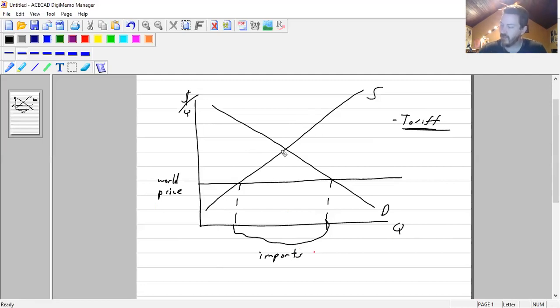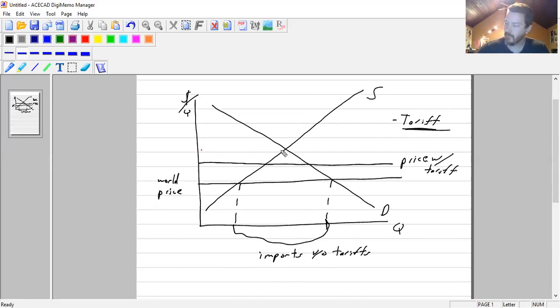So just to clarify, this was the imports without the tariffs, just to begin with. And so this becomes the price with the tariff. Does that make sense?